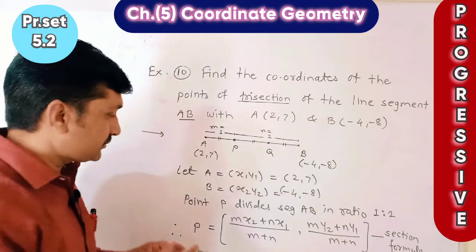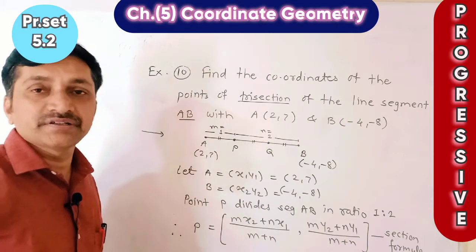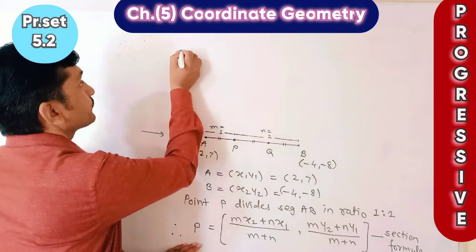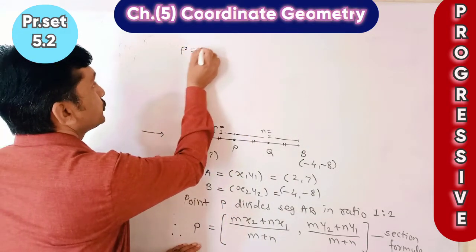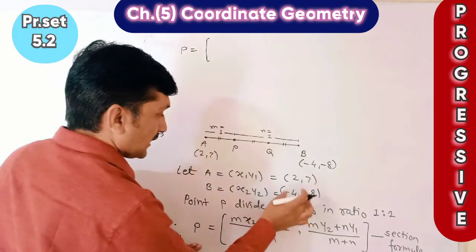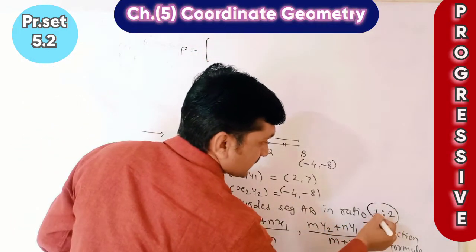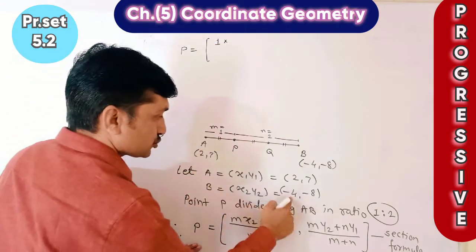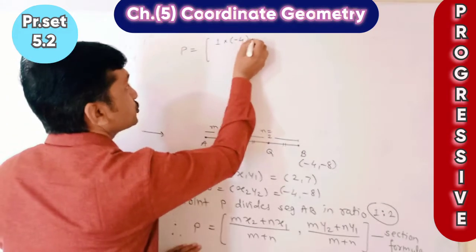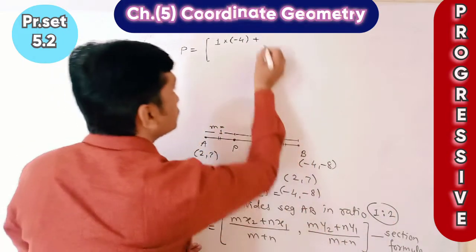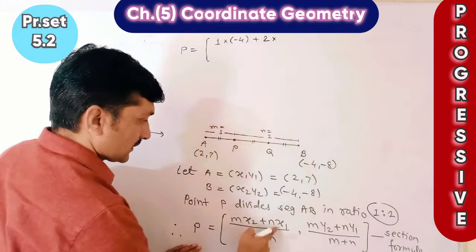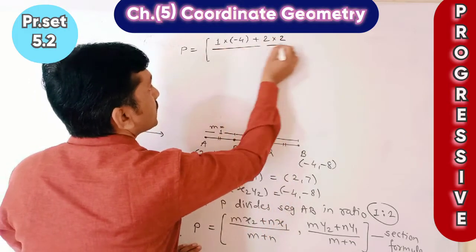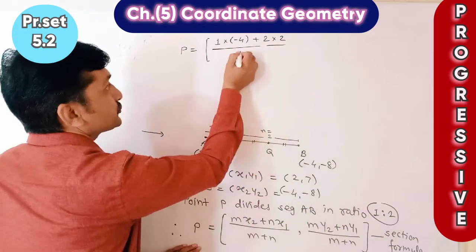Now let's put in the values and we will get the coordinates of point P. P is equal to, with m equal to 1 and n equal to 2, 1 multiplied by x2, where x2 is -4, plus n, which is 2, multiplied by x1, which is 2, upon m plus n, that is 1 plus 2.